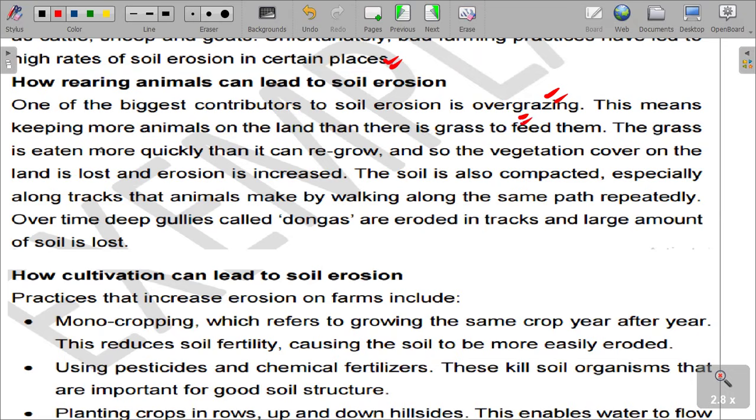The grass is eaten more quickly than it can regrow, and so the vegetation cover on the land is lost. Erosion is increased. The soil is compacted, especially along tracks that animals make walking along the same path repeatedly. Over time, gullies called dongas are eroded in tracks and a large amount of soil is lost.